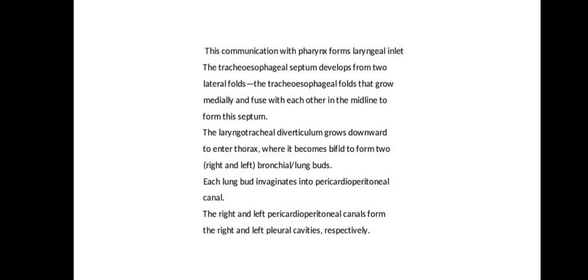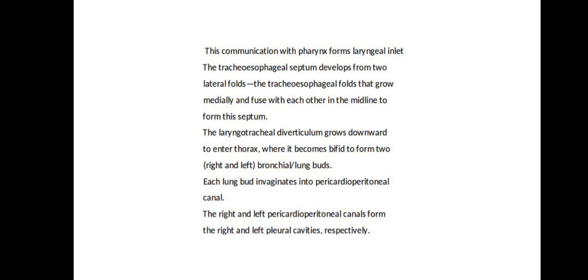So, the persistence of the communication with the pharynx forms the laryngeal inlet. Now, the laryngotracheal diverticulum grows downwards to enter the thorax, where it becomes bifid to form two lung buds, or the bronchial buds.